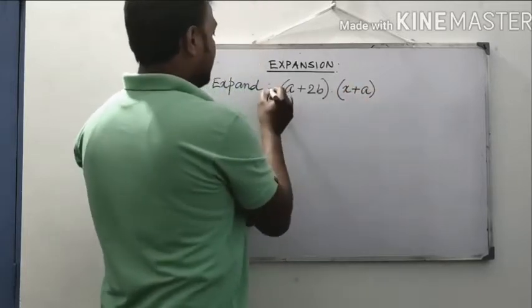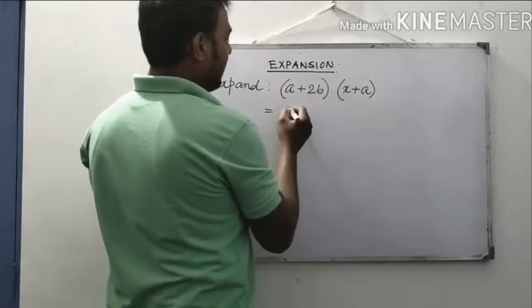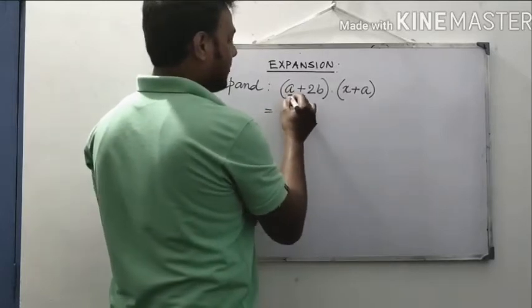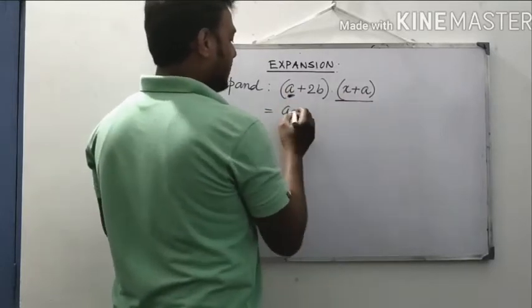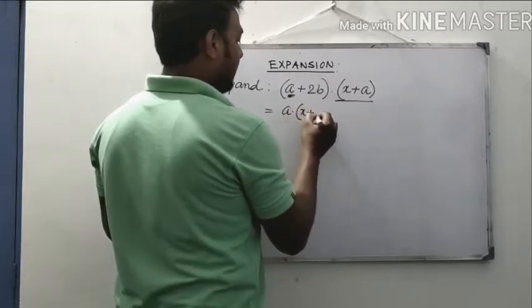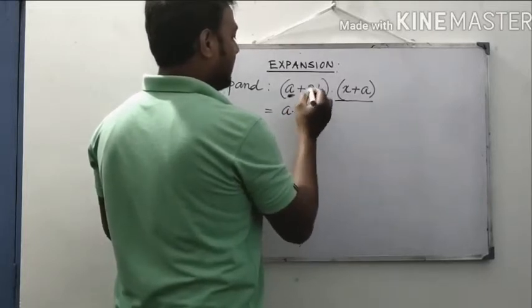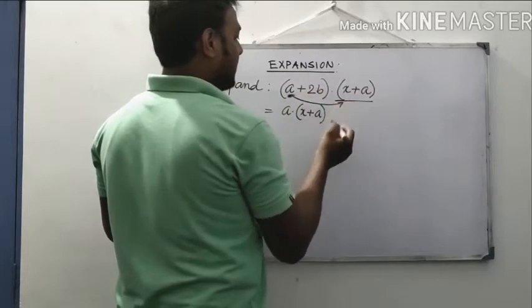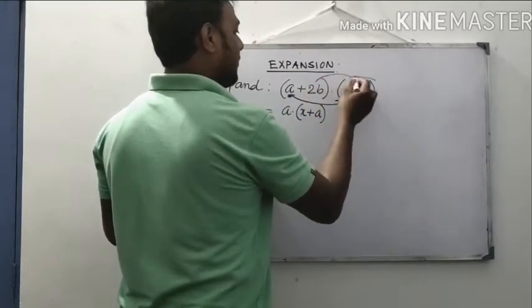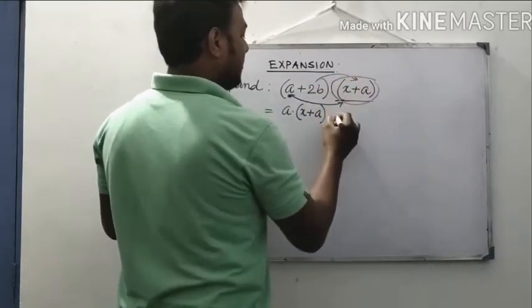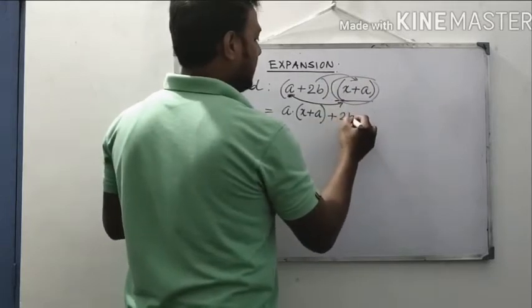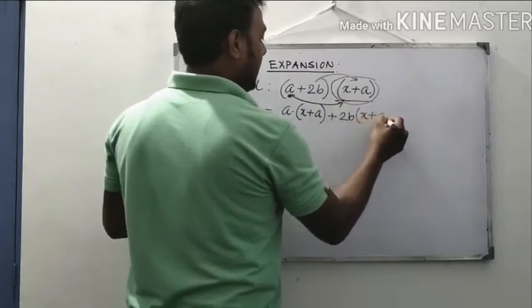First we multiply a into the entire (x plus a), and next 2b with the whole, so plus 2b into (x plus a).